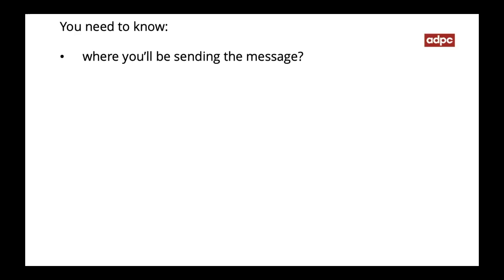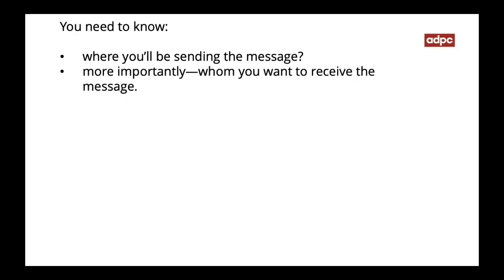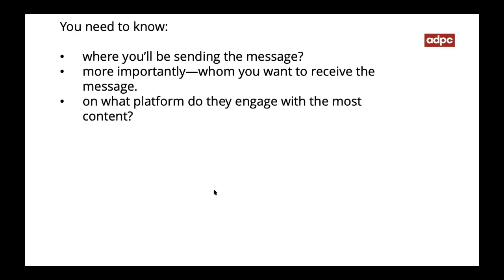Something for you to reflect on as you enhance your disaster risk communication plan. More importantly, whom you want to receive the message. You've identified already the location where you'll be sending, but who are those who will receive those messages? On what platform do they engage with the most content?